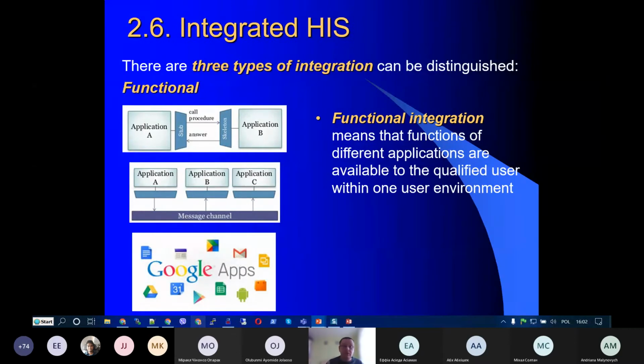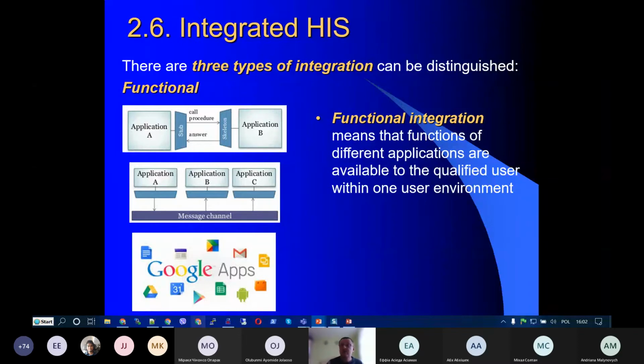And, if you talk about simple classification, the third way is functional integration. That is, functions of different applications are available to the user within one user environment. An excellent example is the usage of a browser to access various web systems.